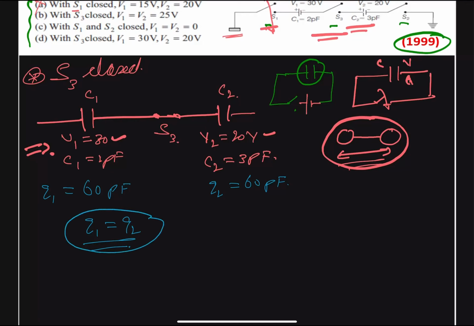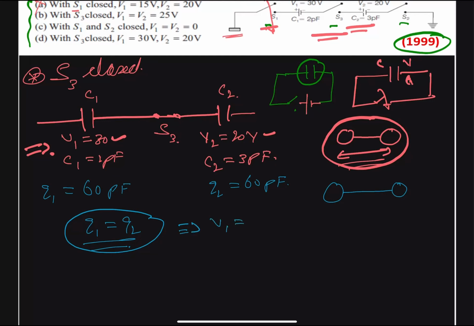So it is the same situation, which means we have two spheres, and these two spheres are charged independently and then they are connected. So it means in this case the voltage across C1 and C2 will be the same as before.